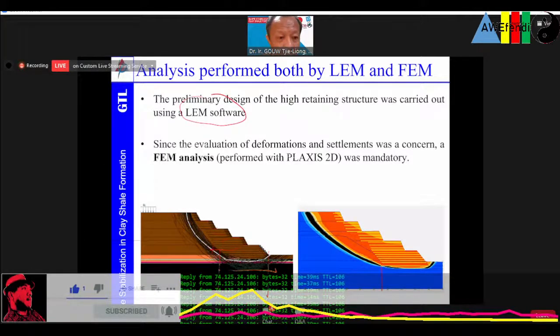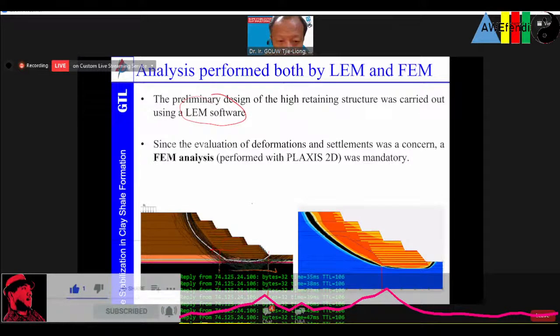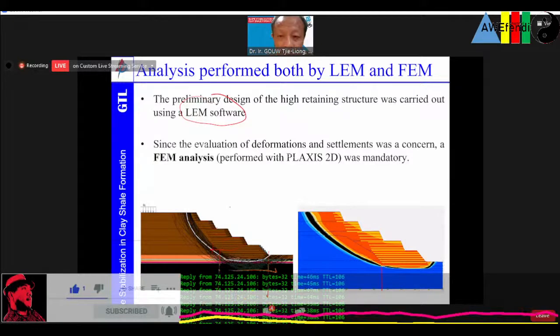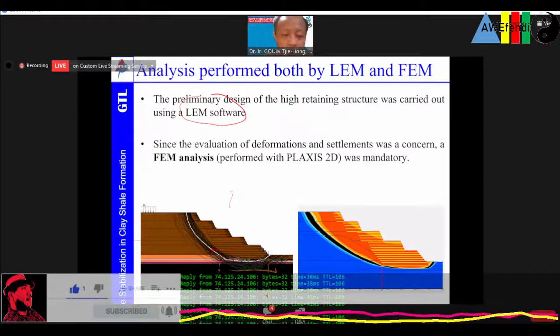Once we got the formation, the design from this limit equilibrium method, then we do a finite element analysis with the Plaxis 2D to see how it performs. That's what we do.